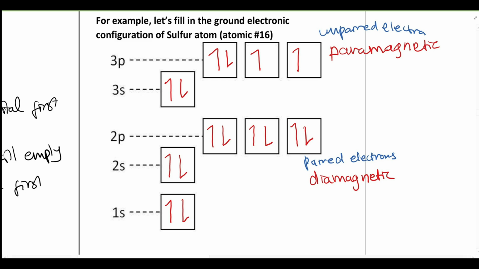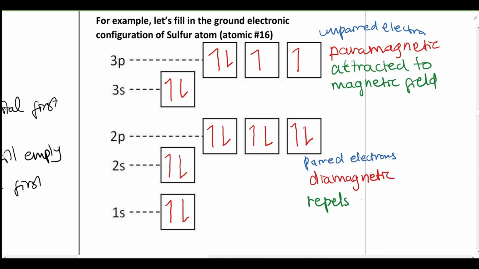The definitions of each one are that paramagnetic electrons are attracted to a magnetic field, and the diamagnetic pair of electrons repels a magnetic field.